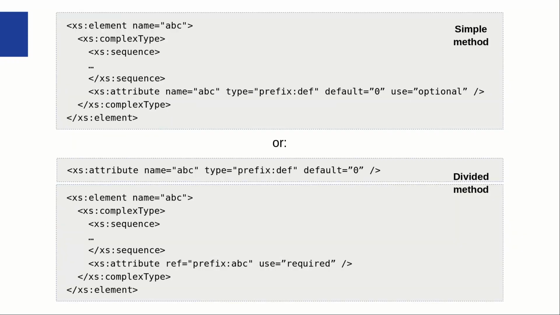So here we have two examples, one using the simple design method and the other using the divided method. In the first, you can see a declaration of an ABC element, and now instead of a simple type, you must use a complex type element, as there are no simple types or simple elements with attributes.